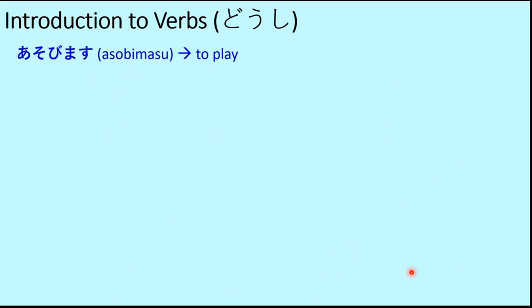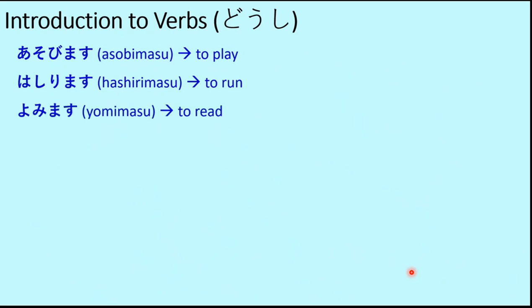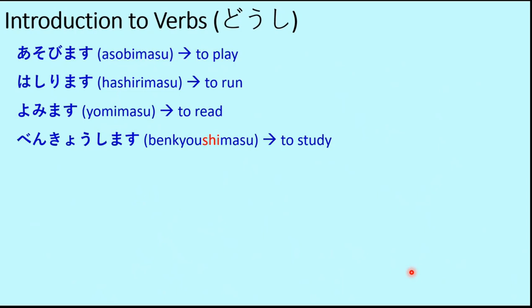Few more. Asobimasu means to play, generally used with children. Hashirimasu means to run. Yomimasu means to read. Benkyo shimasu, to study. So we saw earlier benkyo suru.